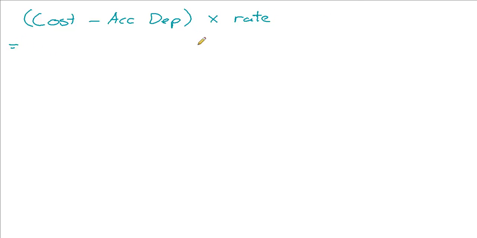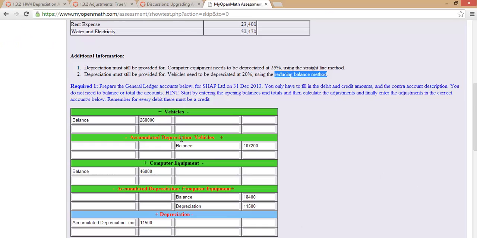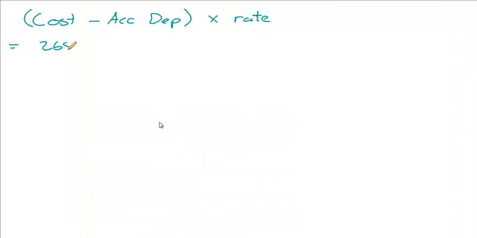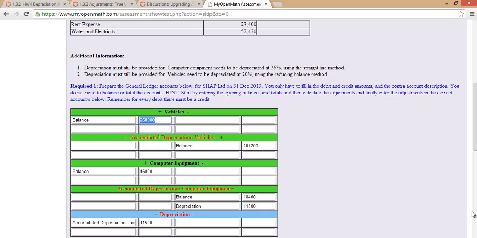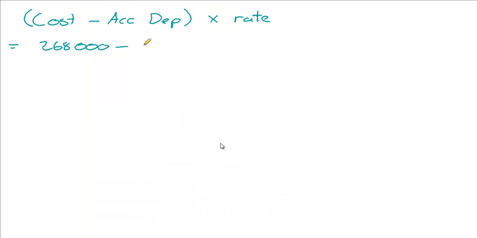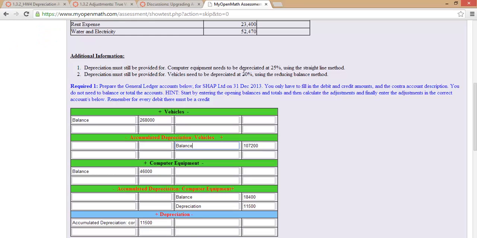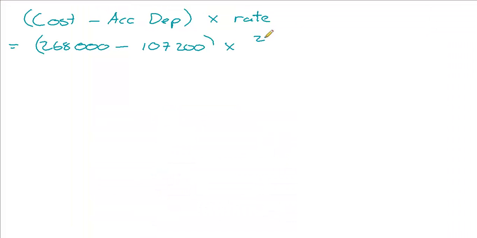The cost for vehicles is 268,000 Rand, and the accumulated depreciation at the beginning of the year is 107,200. All of this we're going to multiply by our rate, which is 20%.